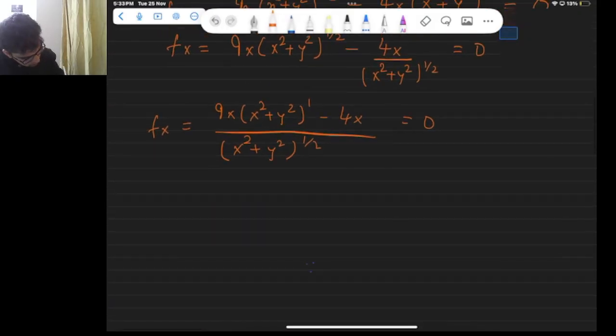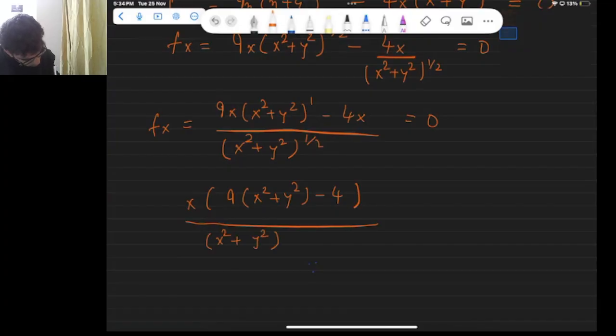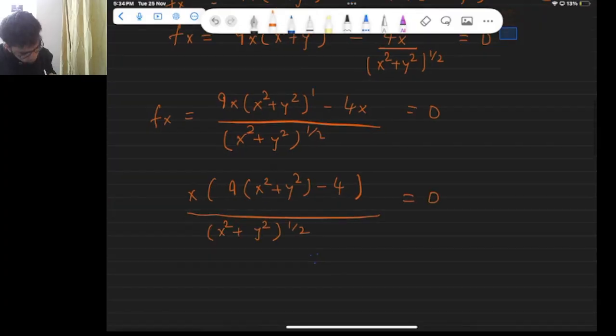So ultimately, if I just take x common, this will give me x(9(x²+y²) - 4) divided by (x²+y²)^(1/2). This is equal to 0.